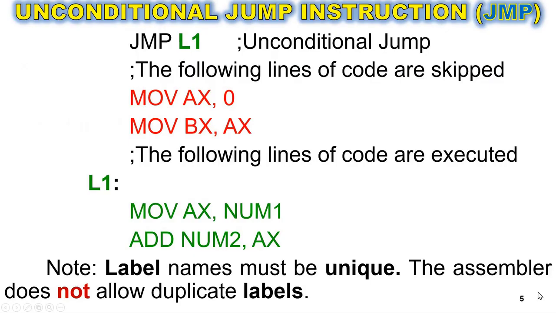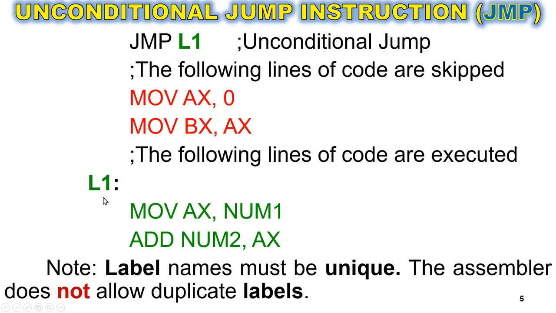One type of jump machine instruction is the unconditional jump instruction, which is the mnemonic symbol command JMP. This example assembly language code has a label named L1 with a colon. That is the syntax on how to write a label, how to place a label in our assembly language code.